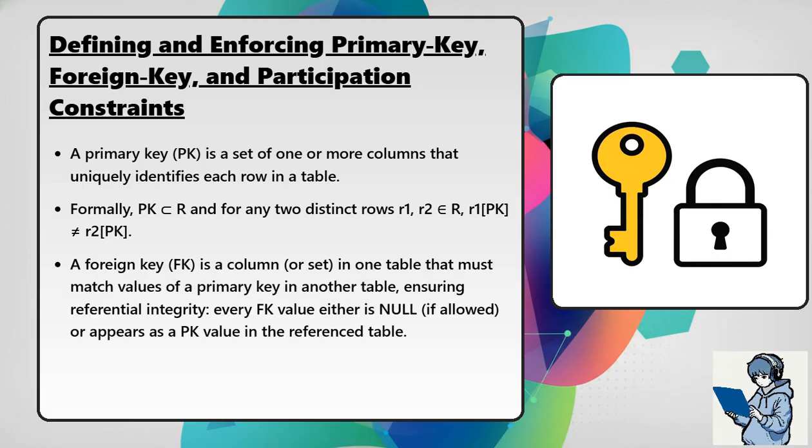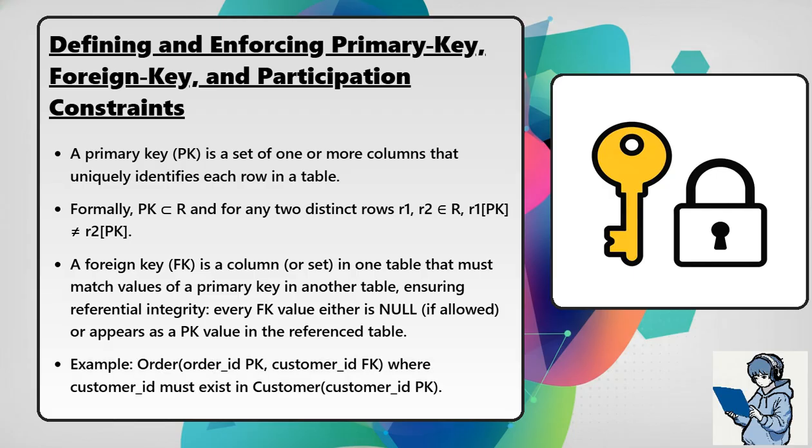Foreign key (FK) is a column or set of columns in one table that must match values of a primary key in another table, ensuring referential integrity. Every foreign key value either is null, if allowed, or appears as a primary key value in the referenced table. Example, order with order ID as primary key and customer ID as foreign key, where customer ID must exist in customer with customer ID as primary key.